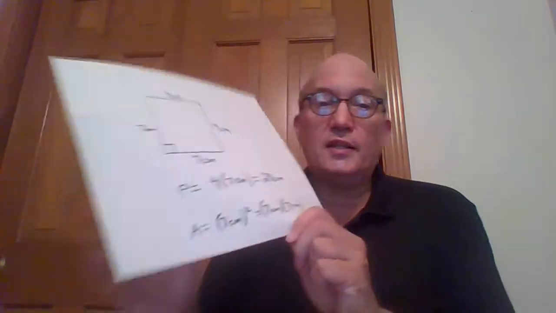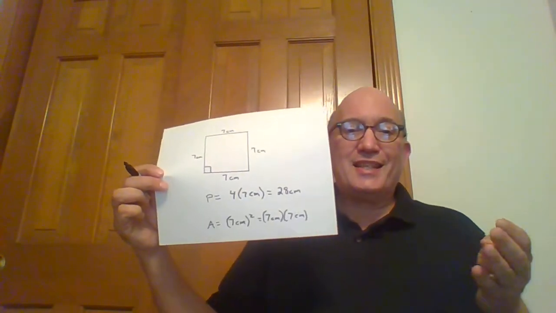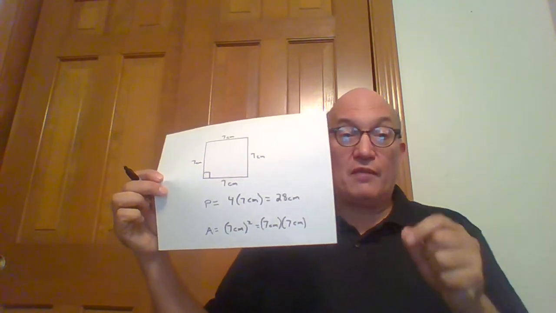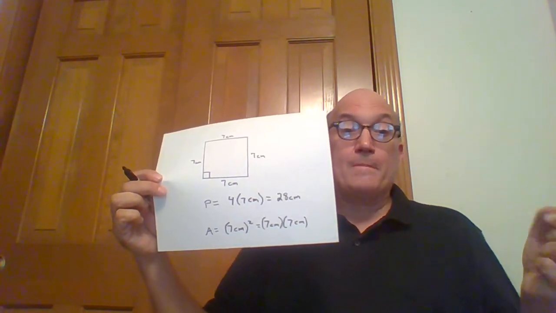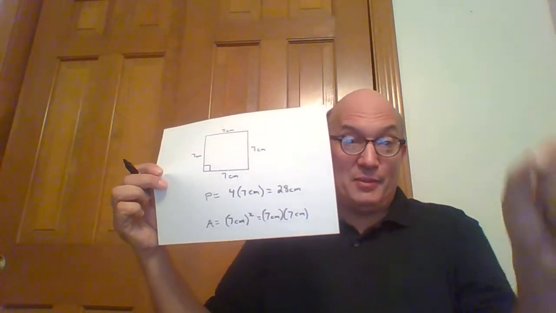And again, please don't think of the side here as just being 7. It's 7 centimeters, and the units work out the way they need to. 7 centimeters times 7 centimeters. As I did in the previous video, let's think of this the same way as we think of 7x times 7x. That would be 7 times 7 times x times x.